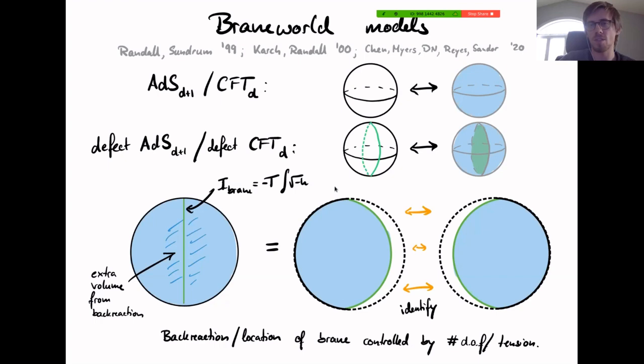So if I have a CFT here with a large number of degrees of freedom, this tension is really big, and I create a lot of extra space here. And if the number of degrees of freedom in the CFT is small, then the tension will be small, and this brane will sit more towards the center, and so I've created less geometry.